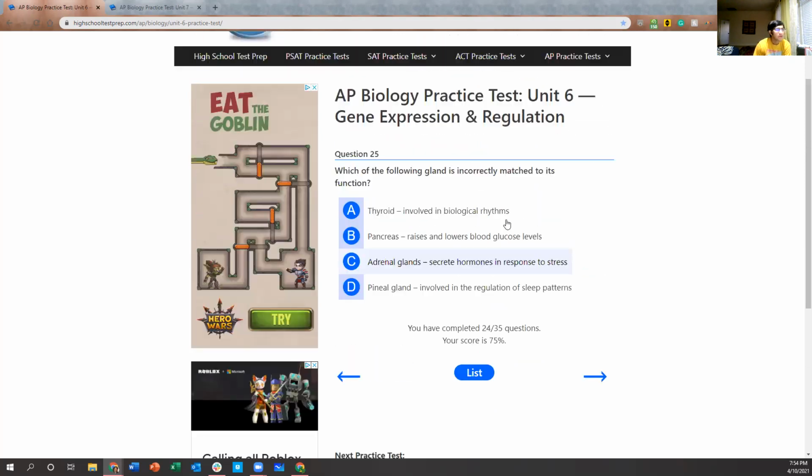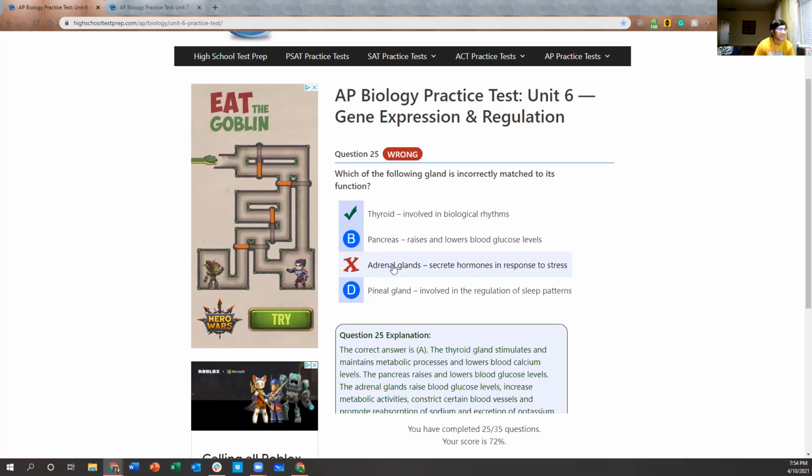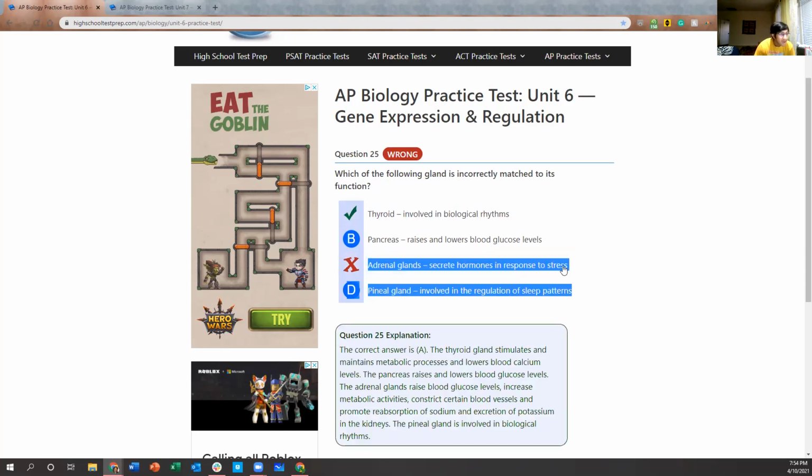Okay, which of the following glands is correctly matched to its function? I think this is the right answer because the pancreas releases insulin. The thyroid, not exactly sure. I just know the adrenal glands have to do with adrenaline, with the fight or flight response. Oh, actually, that's wrong.